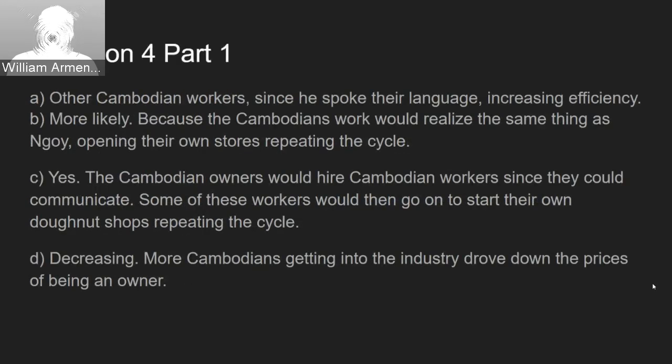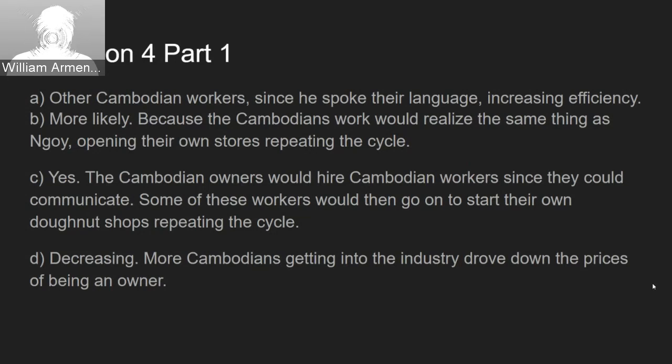For question 4, it talks about how in 1995, 80% of donut shops in California were owned by Cambodian immigrants. So for part A, when it asks which group, refugees or existing residents, Noi was more likely to hire from, this would be other Cambodian refugees, because he spoke their language, it was easier to communicate, increasing the efficiency of his stores.